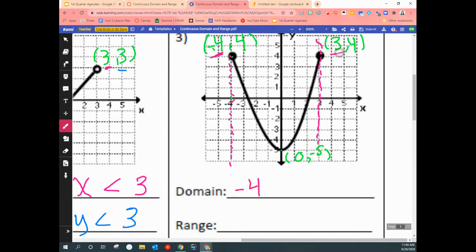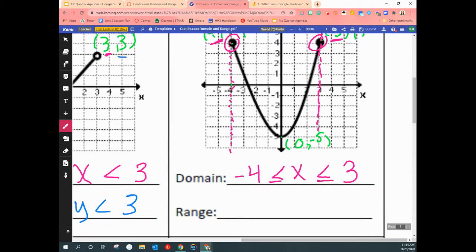My graph doesn't go any farther right than this value here, which is 3. So I know I got to put x in the middle, and I got to put these symbols. Now I need to know, do I put a line underneath my symbols? Are my circles colored in? Do I need to include the values -4 and 3? Well, this circle is colored in, and this one is too. They're both solid, so I got to put lines under both of them.